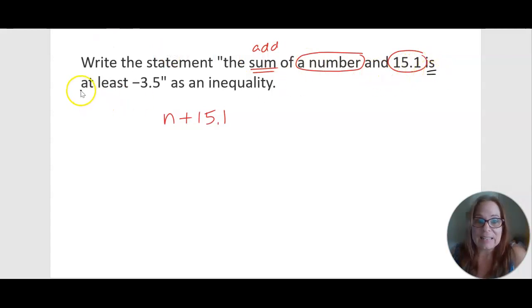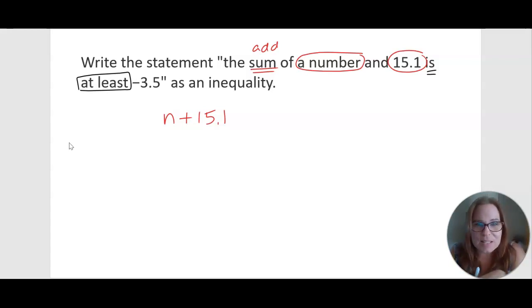Is at least, okay, now think about what at least means. Because a lot of times when students see at least, they think it means less. But if you think about this, you have to be at least 16 to drive a car or to get an operator's license. Think about what that means.